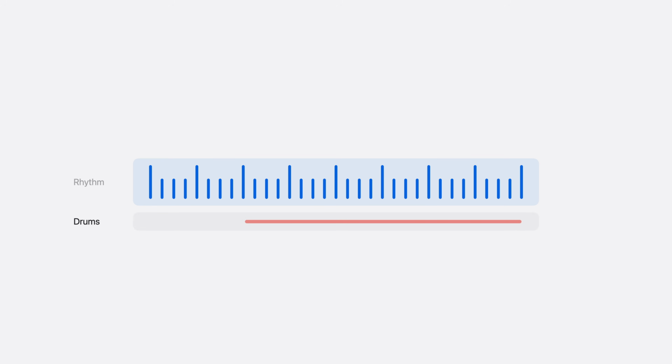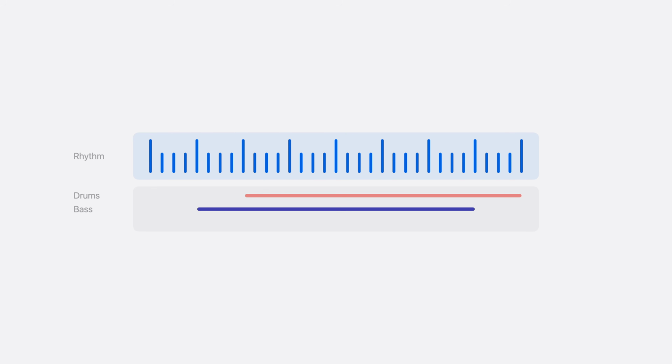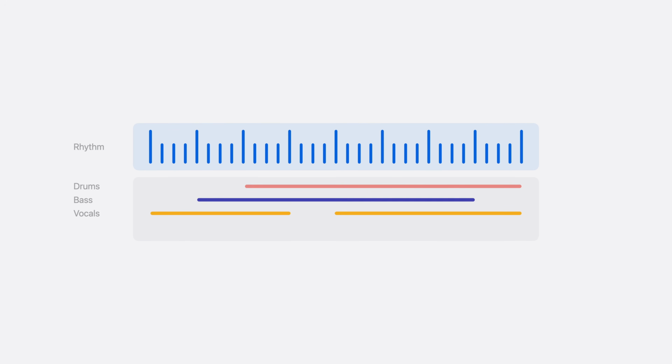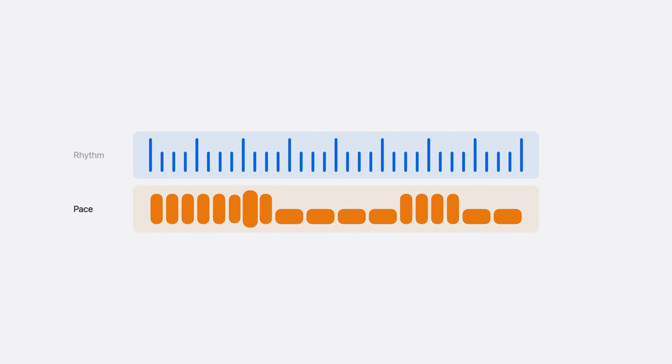During a song, instruments such as a drum, bass, or vocals may be playing at different times and at different intensities. These instruments play around a common set of notes called the key. While the song may have a consistent pulse, or BPM, different parts of the song may feel slower or faster.